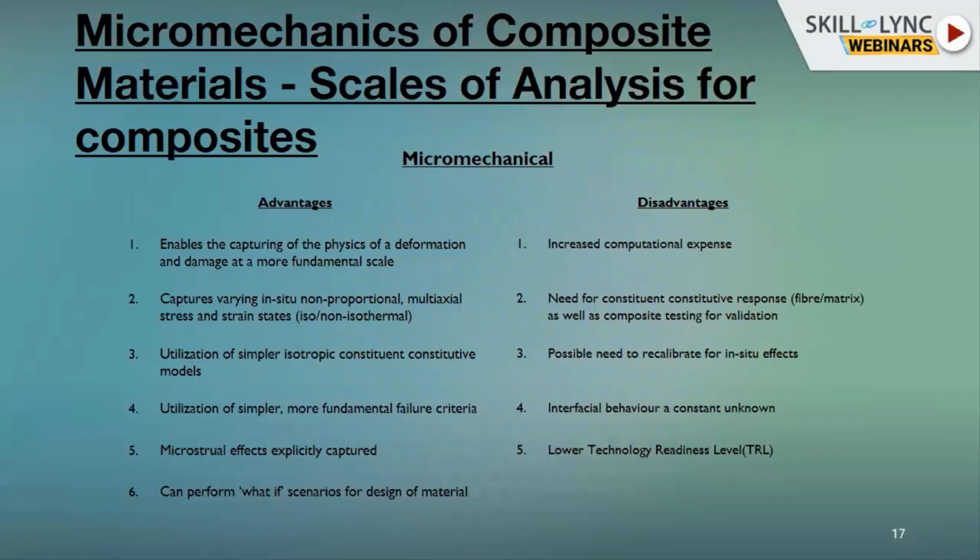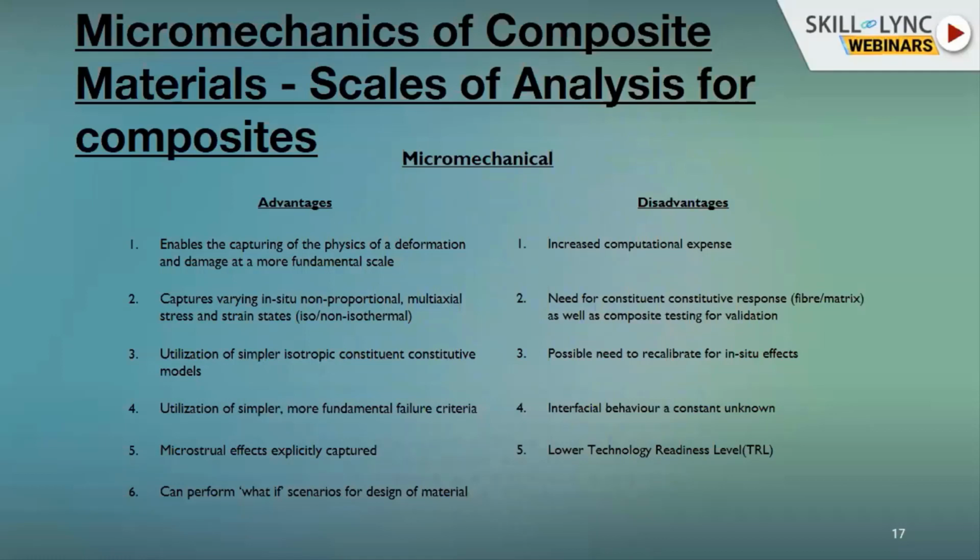This also gives an advantage: if the design of the material is changed, what will be the implication on the overall structure? We will be able to handle any changes in scenarios, because this can be adapted easily at a micromechanical scale.